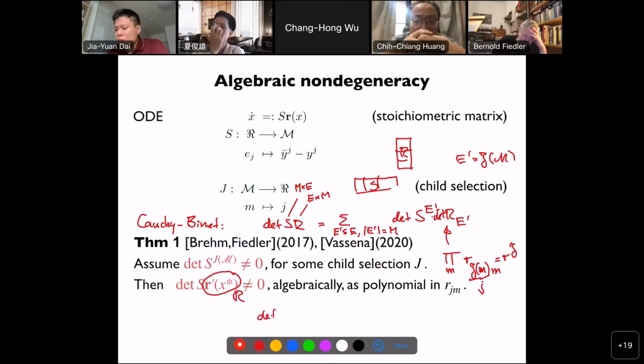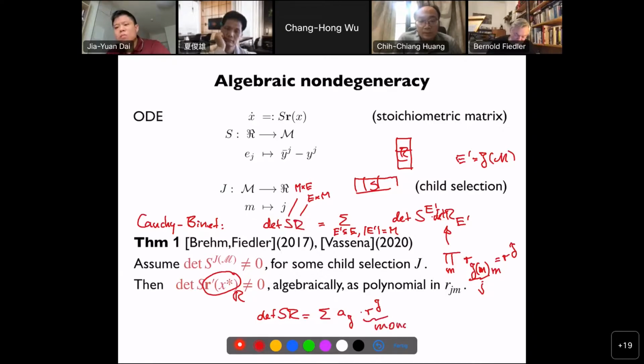SR becomes a sum of stoichiometric coefficients which come from this determinant, and a plus or minus sign depending on the signature induced by the child selection, times R to the J. And this is a monomial. And the sum is over all child selections.